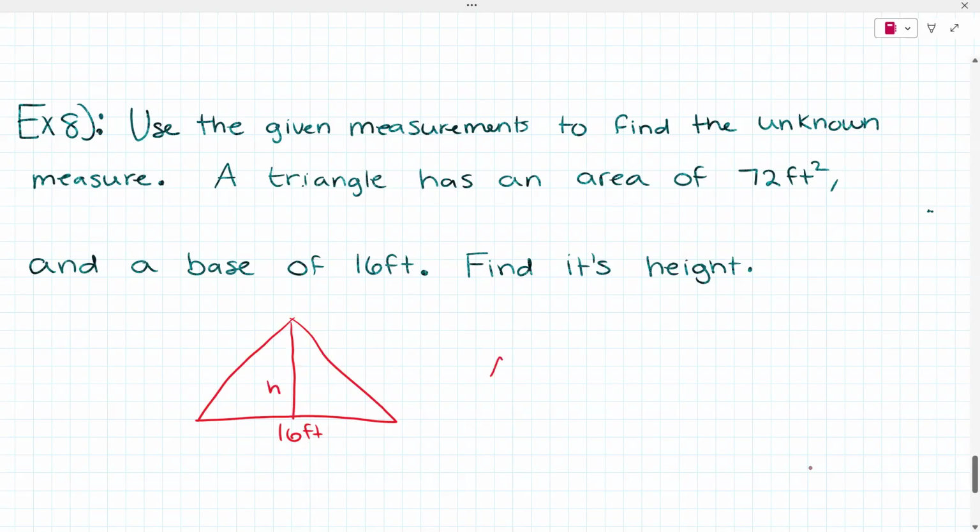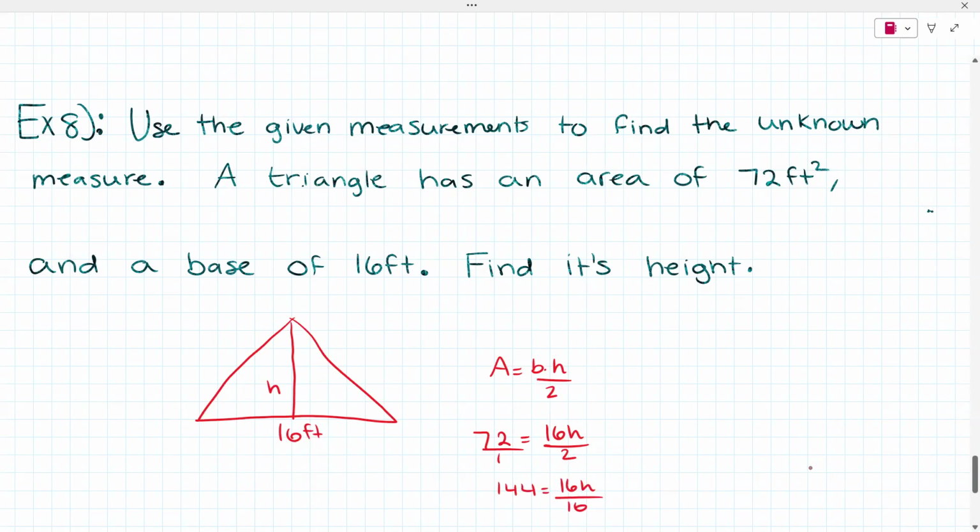So use what we know. We know that the area of a triangle is base times height all over 2. And what else do we know? The area is 72, so you could say 72 equals that. And we also know our base is 16. And then just cross multiply. So 72 times 2 is 144 equals 16h.